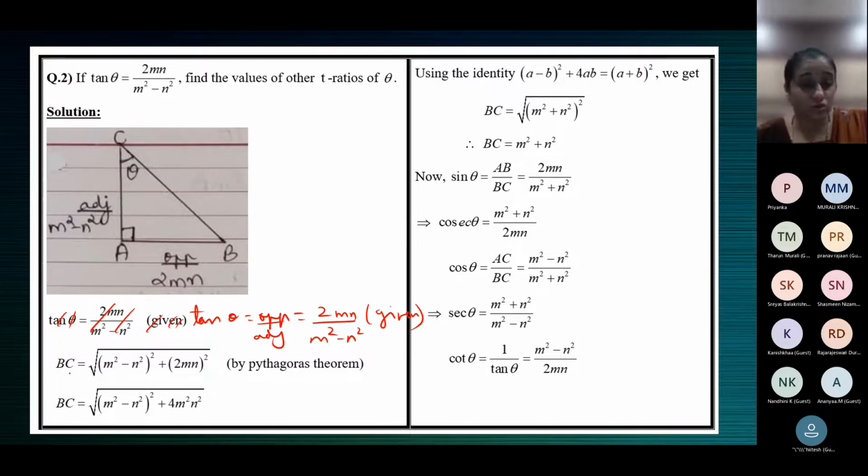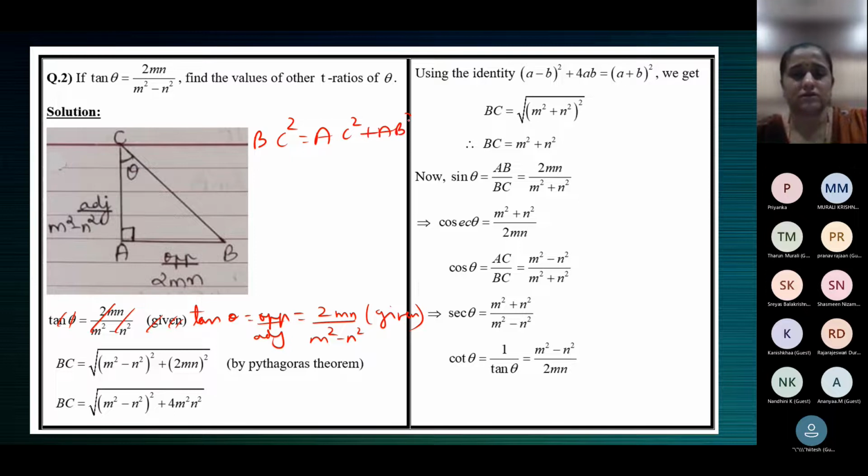Supposing you don't understand how suddenly she's written root of all this, from where do you get all this? You write all the steps. If you cannot write this straight away, you write all the steps. You know that BC square is equal to AB square plus AC square, or AC square plus AB square.